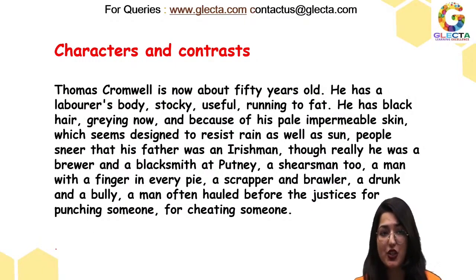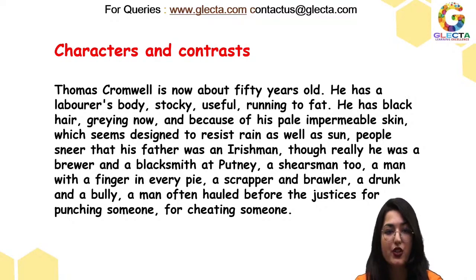So now let me present you with the extract. Thomas Cromwell is now about 50 years old. He has a liberal body, stocky, useful, running to fat. He has black hair, graying now, and because of his pale, impermeable skin, which seems designed to resist rain as well as sun. You can read this extract on your own later.